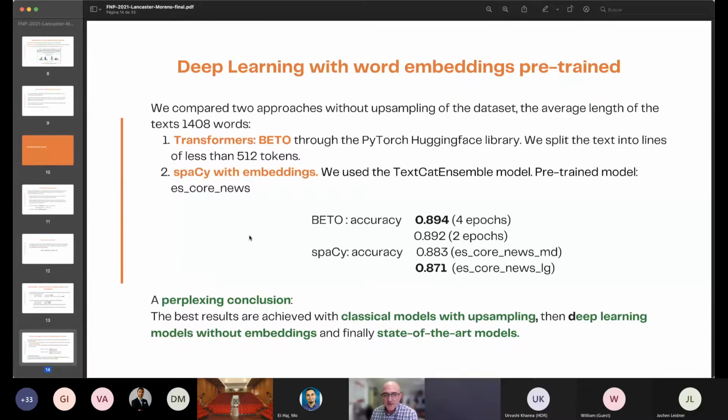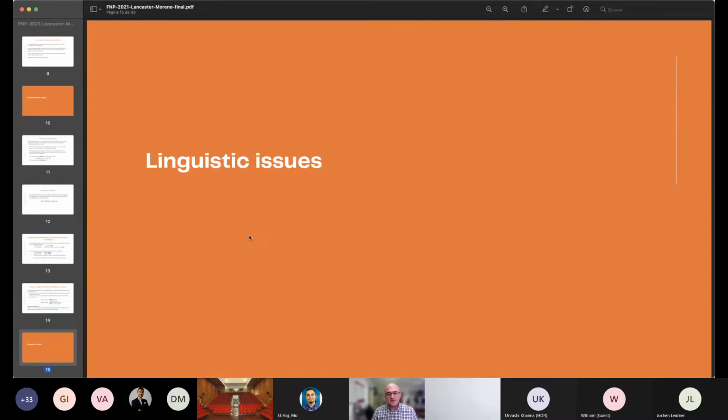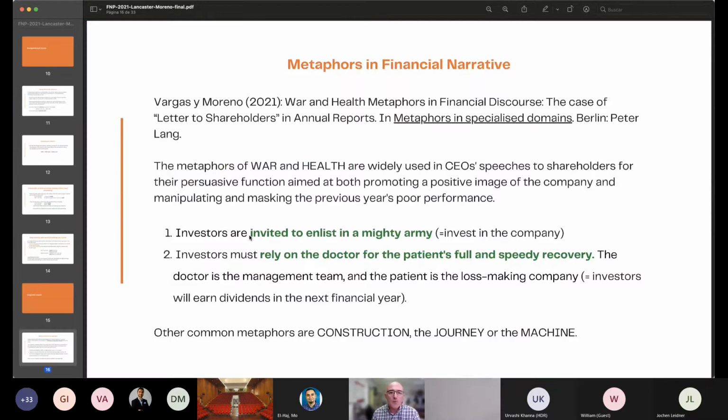But before explaining that, I want to address some linguistic issues in order to understand our new approach. From a linguistic point of view, the metaphor in financial narratives is very well known. We study, Vargas and me, in our data set in Spanish.